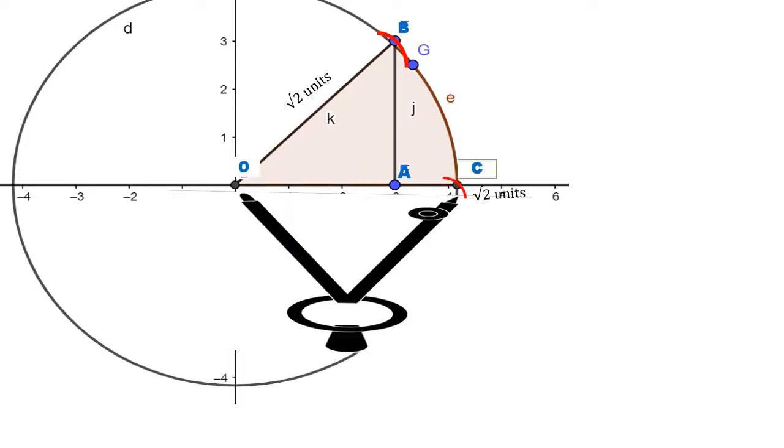Here we can see that root 2 is produced on the number line at point C. OB and OC are radii of the same circle. Hence, they are equal, OB is equal to OC. Hence, the point C indicates root 2 on the number line. Thus, we plotted root 2 on the number line.